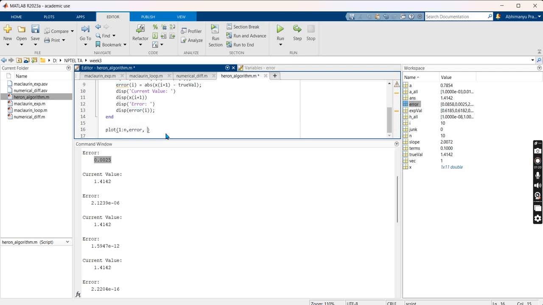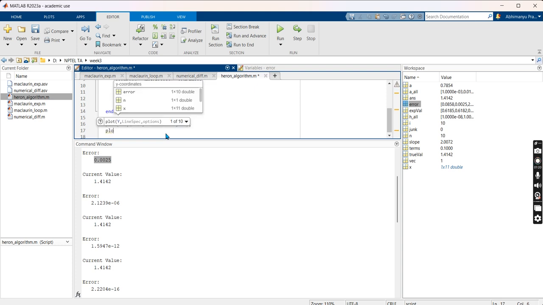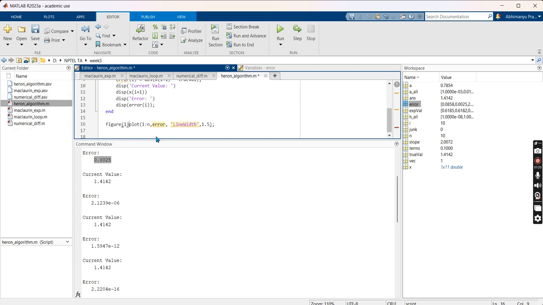I will plot this on a line, and plot on a new figure. I will plot the next graph, so this is figure 1, and figure 2.